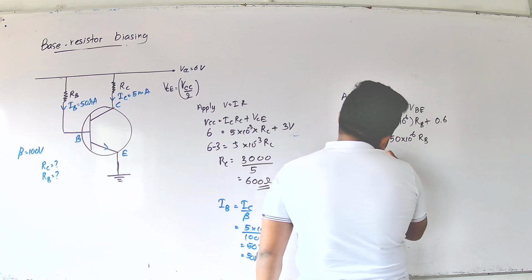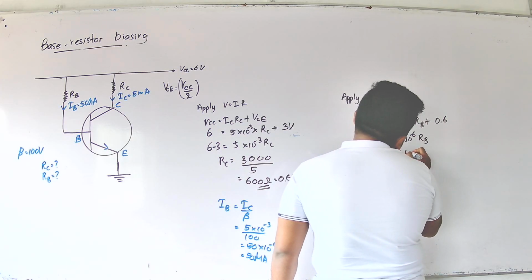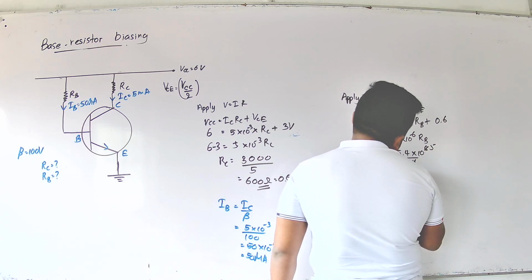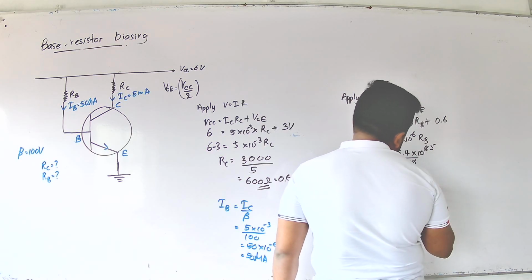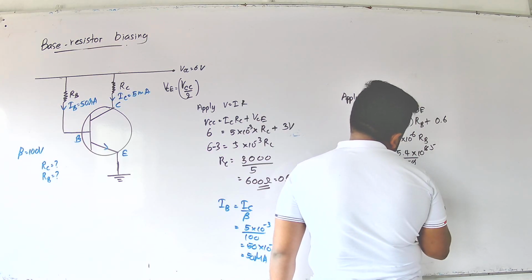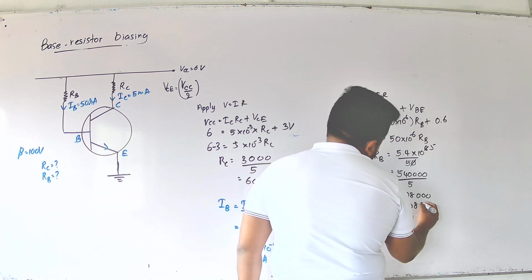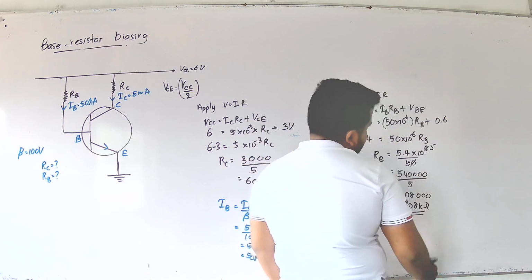So RB equals 5.4 into 10 to the power 6 over 50, which is 108 kilo ohm. Right.